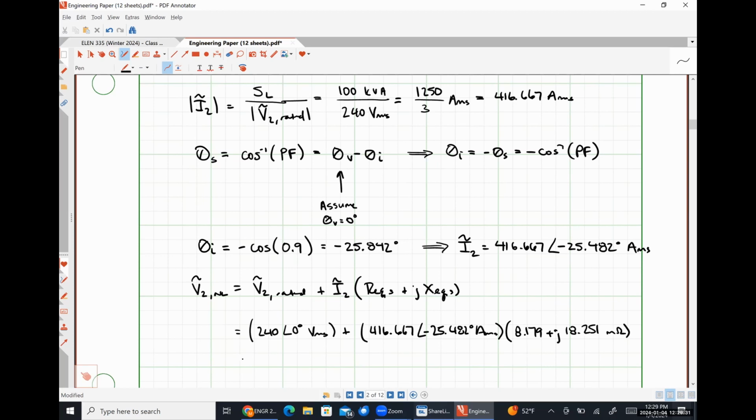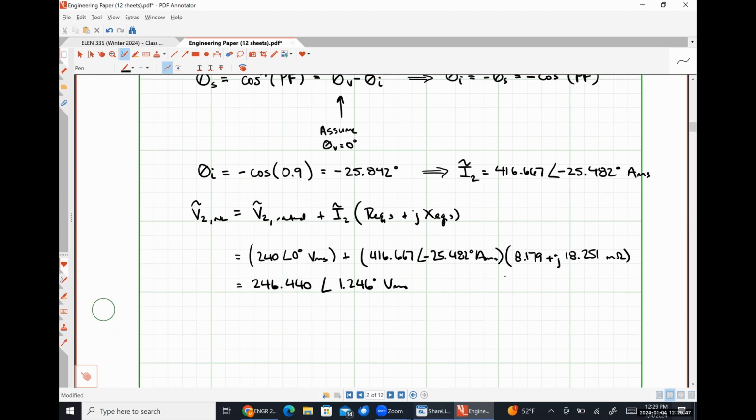milliohms, which comes out to be 246.440 with an angle of positive 1.246 degrees volts RMS.